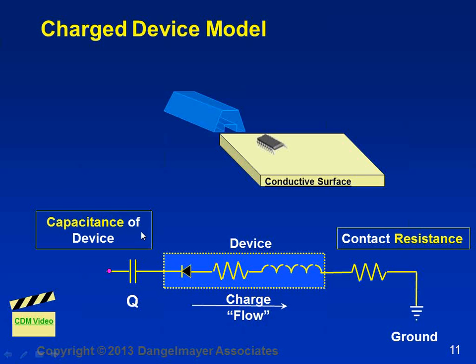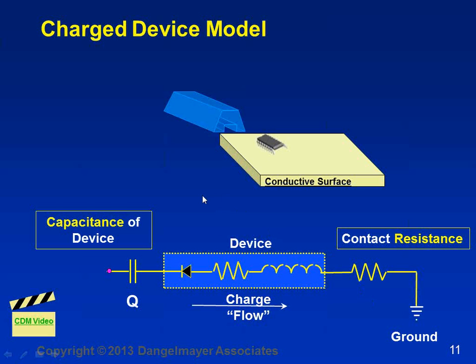And as you can imagine, the higher level of charge that's stored, the higher the discharge currents will be. Also important to note is the contact resistance that's represented here. This becomes an opportunity for prevention of CDM damage.